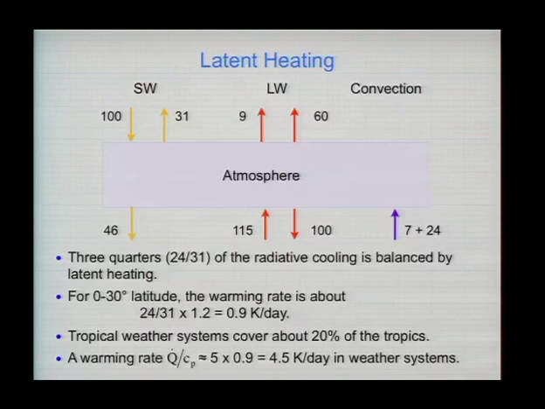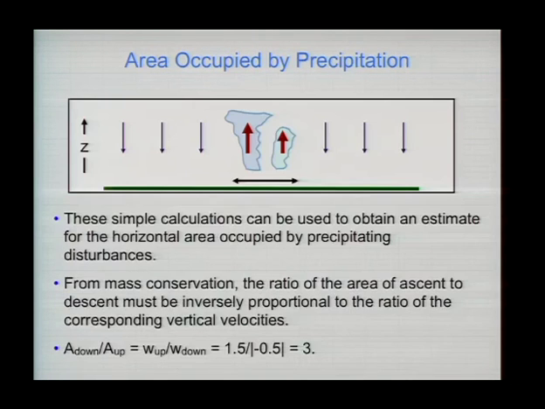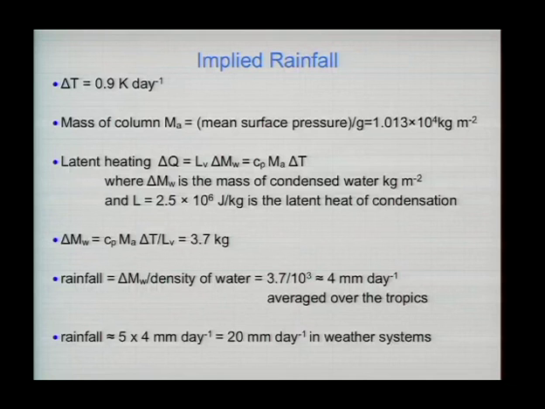We're producing water, and if we assume it falls out as rain, how much rain will fall out? Well, we can work that out. We've got all the things we need. The change in the water is, we know what the Cp is, we know what the mass of the volume is, we know what the change in temperature is, we know what the latent heat of condensation is, and we also know what the density of water is.